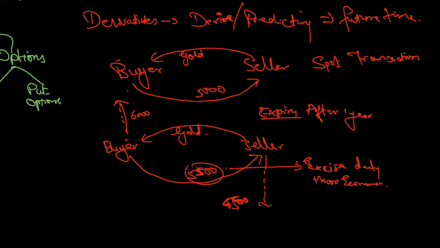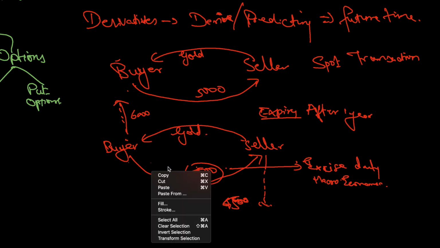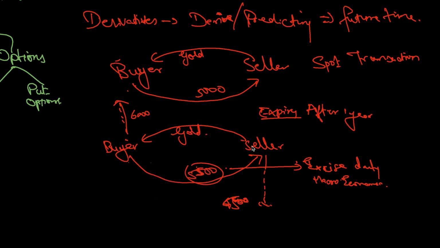Based on various factors, the buyer is happy to lock the price at 5,500, and even the seller. On the expiry date, suppose the actual price as predicted by the buyer comes to 6,000. In that case, this amount is fixed. This amount is frozen. This is the agreement amount.